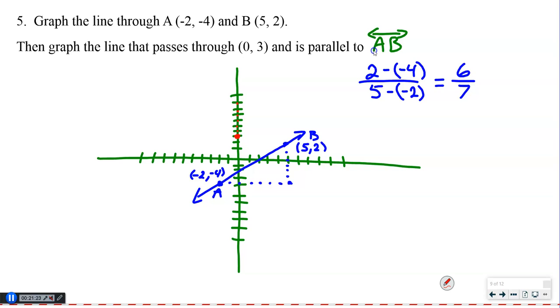That puts us right here. That would be 1, 2, 3, 4, 5, 6, 7. So our line does go up that way. And then it also continues down and to the left. So we can go down 6 and left 7, if both of them were negative.